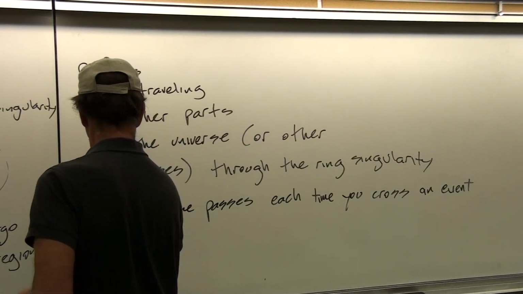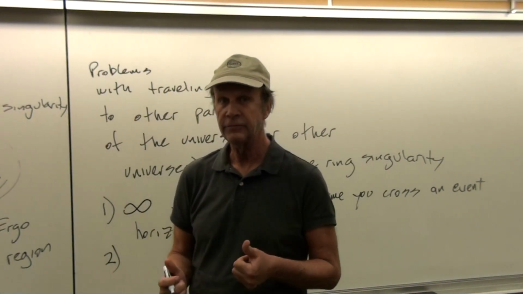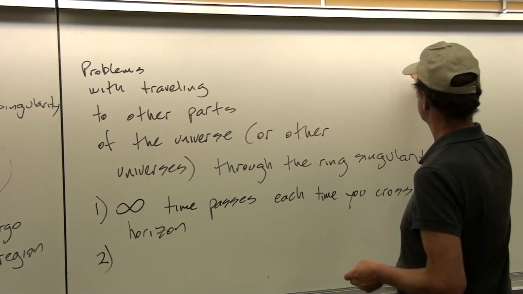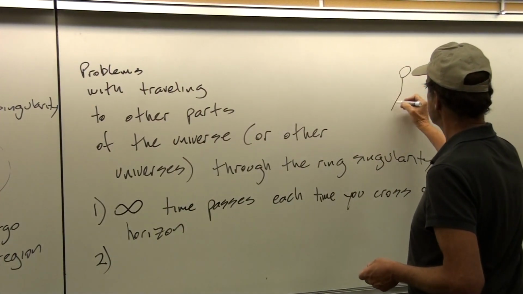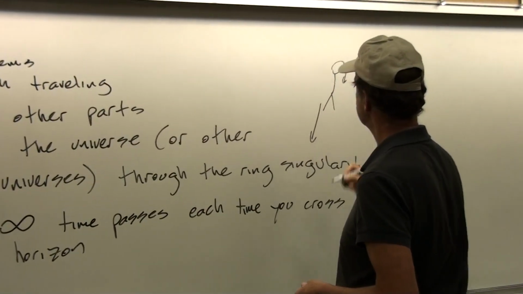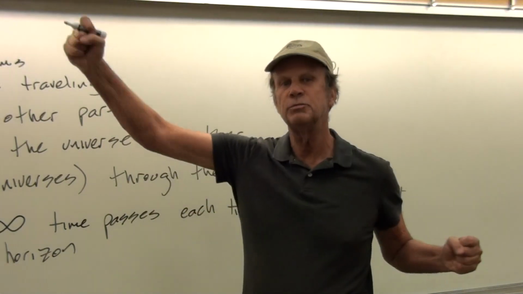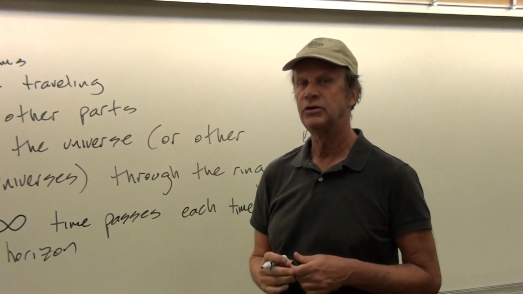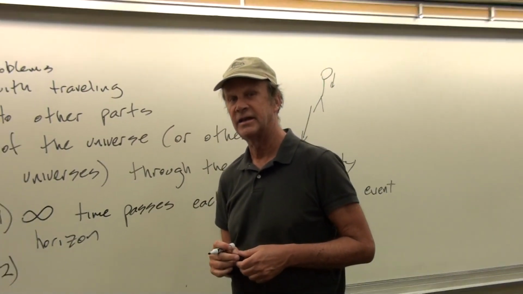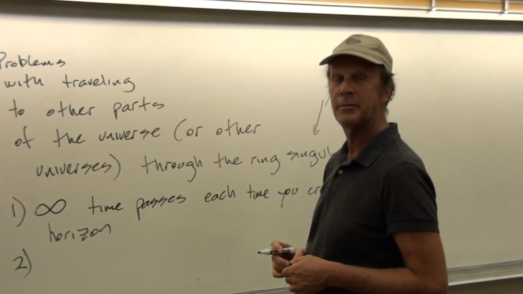The second problem is that you have these what are called tidal forces that would stretch you. So as you fall toward the ring singularity, the force of gravity on your feet becomes much larger than the force of gravity on your head, and you'd be stretched apart. And we mentioned that as a difficulty earlier, but that would be still a problem here.